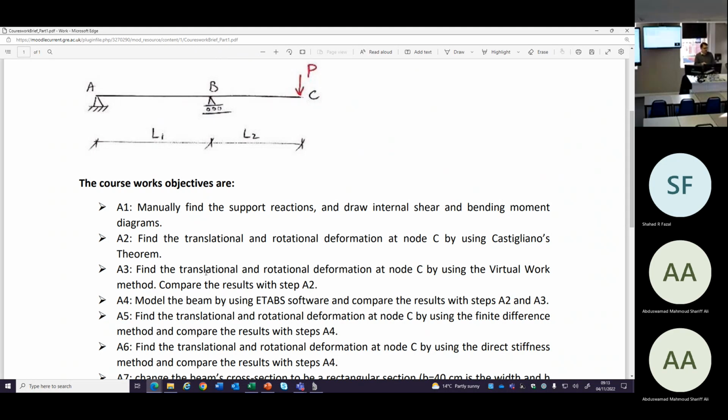I've clearly stated here: whatever you put in your report should make sense from an engineering point of view. You should say, I found this moment here, that deformation there, because of this and that. That's totally fine. But if you put in 20 pages of ETABS output, tables, tables, tables, that has no merit at all.